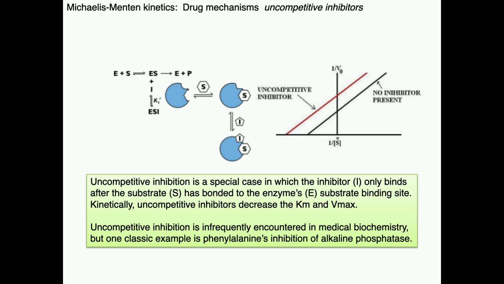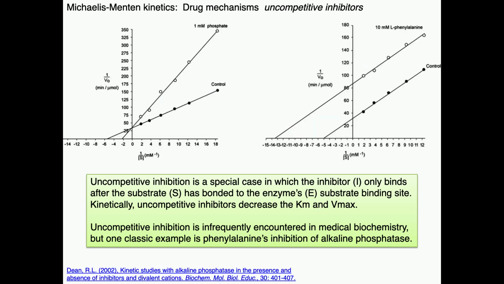Kinetically, the uncompetitive inhibitor is going to both decrease Vmax and decrease the Km. There aren't a lot of examples of these, but the amino acid phenylalanine has been long recognized to be an uncompetitive inhibitor of the alkaline phosphatase enzyme.